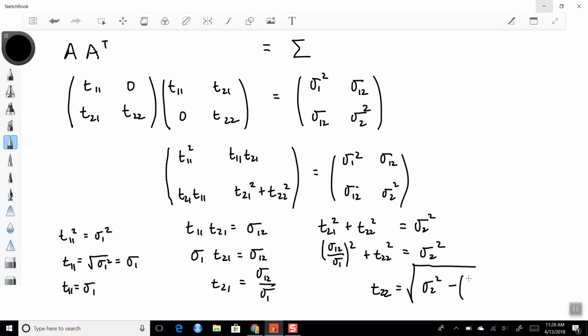Where am I? Okay, and then sigma 1,2 over sigma 1 squared, all inside the square root there. Okay, and great. So we just put all of this together, and we get our A matrix. All right, is this all right? Nobody? It's just algebra, right?